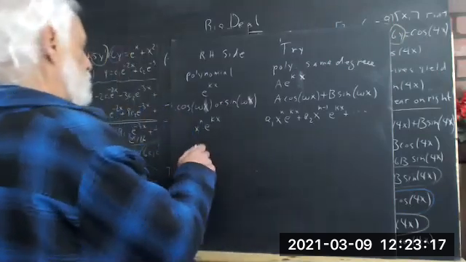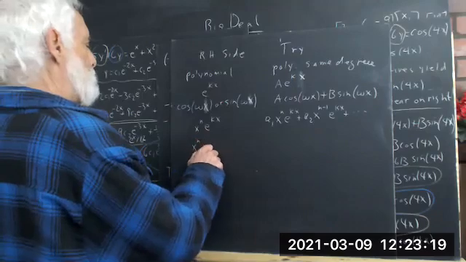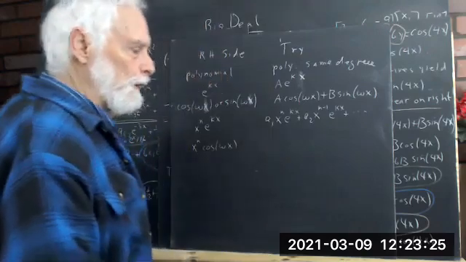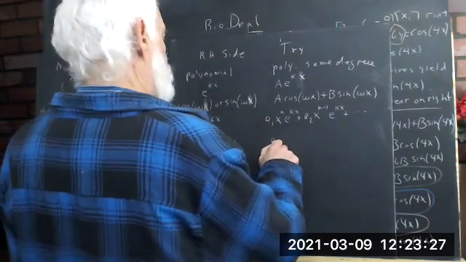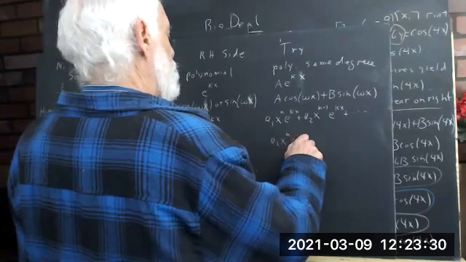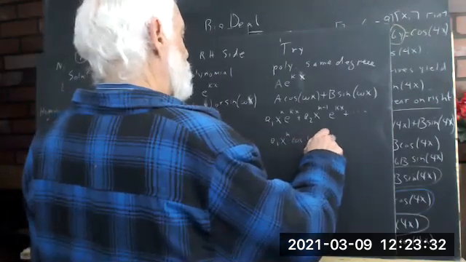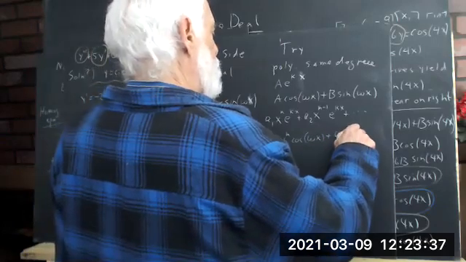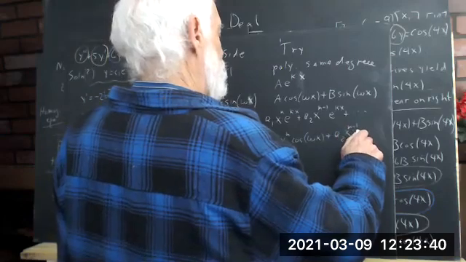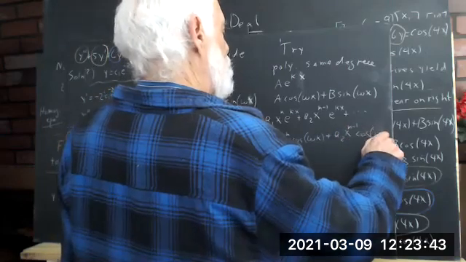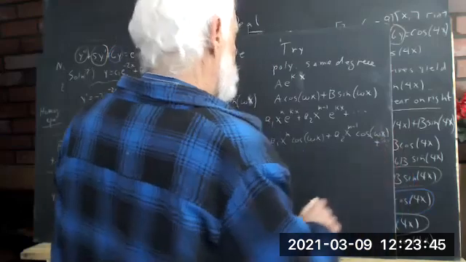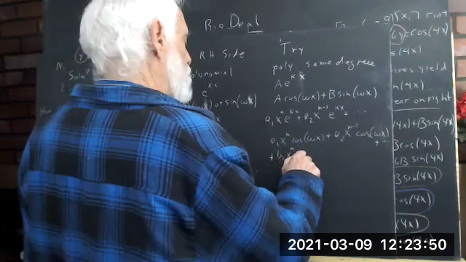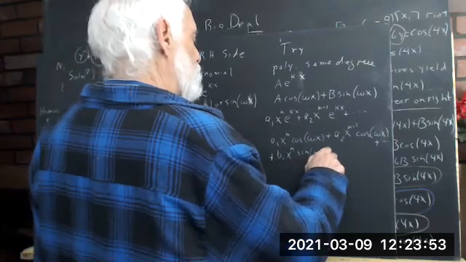And similarly, if you have an x to the n cosine of omega x or an x to the n sine of omega x, you're going to use a1 x to the n cosine of omega x plus a2 x to the n minus 1 cosine of omega x plus some stuff, plus like a b1 x to the n sine of omega x.